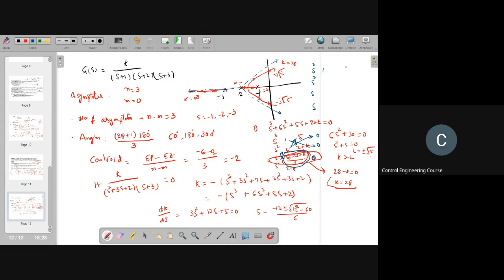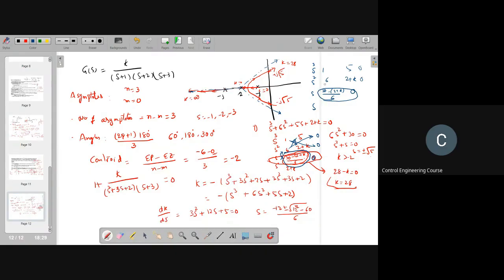We are having 5, this is 2 plus k, and this is 30 minus 2 plus k by 6, and this will be 0. There is no element here. So this row will become 0 when k is equal to 28.